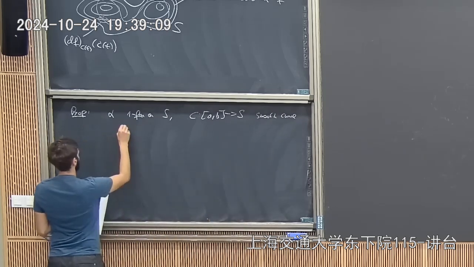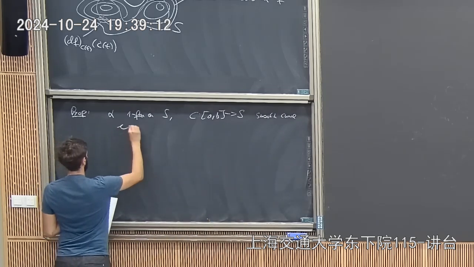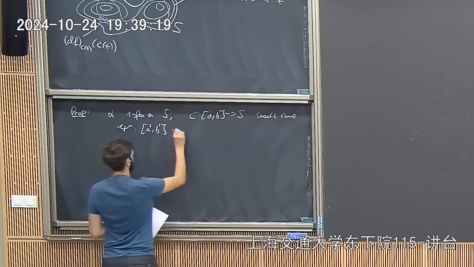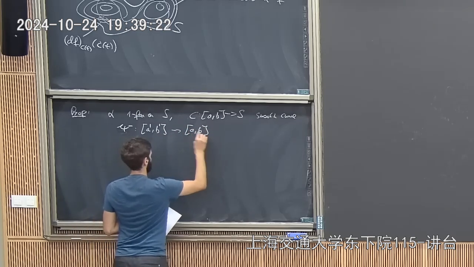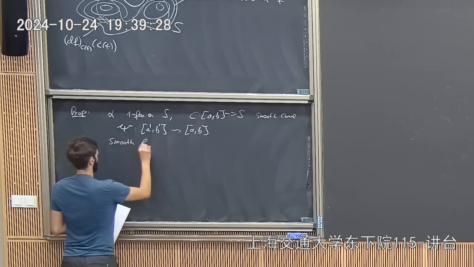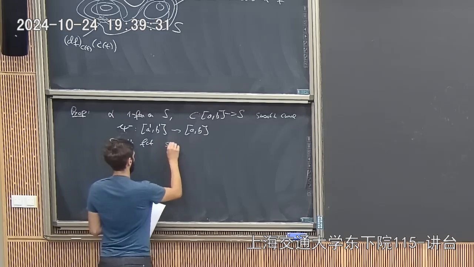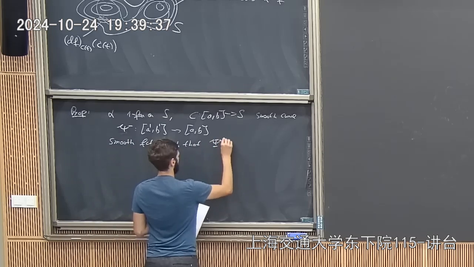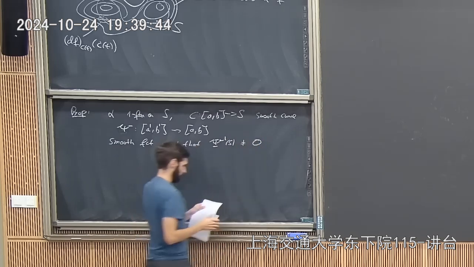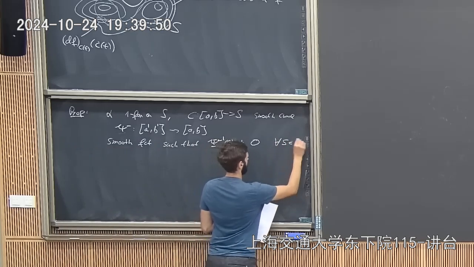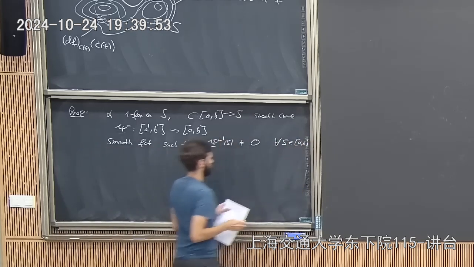And then we have, let's say, psi, which is a map from A prime, from some different interval, to the interval, and it's a smooth function such that the derivative at every point is not zero for all points in the interval.